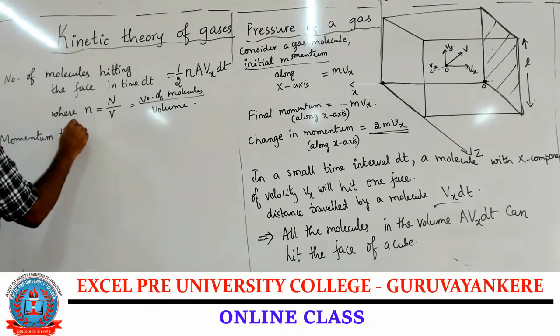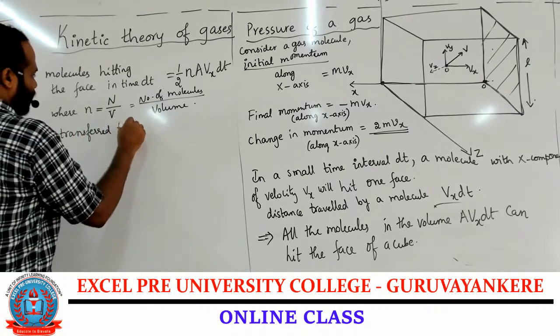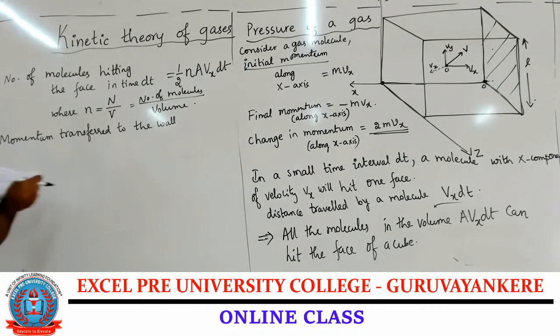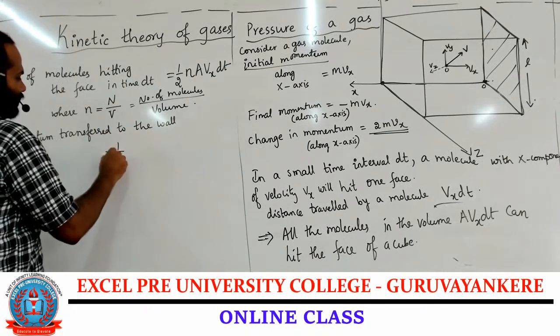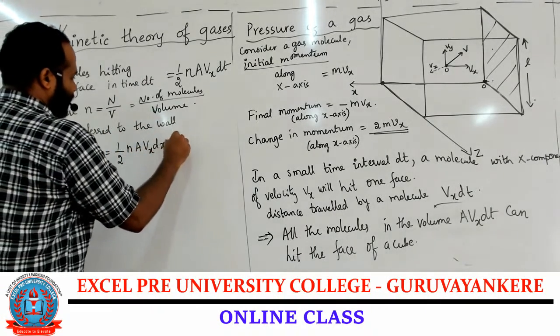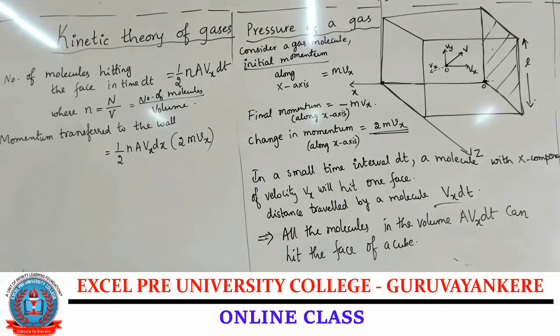Momentum transferred to the wall. Momentum transferred to the wall is how much? Number of molecules is n A Vx dt, and each molecule transfers the momentum 2 m Vx.